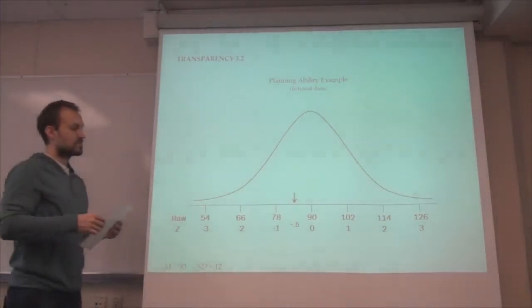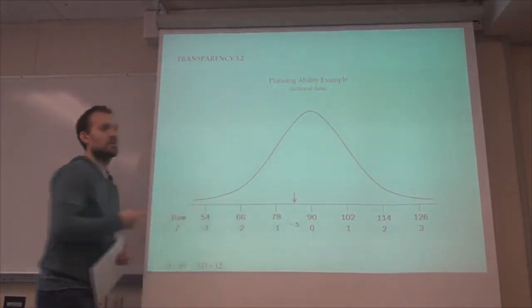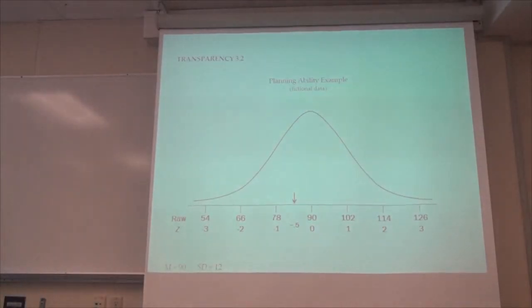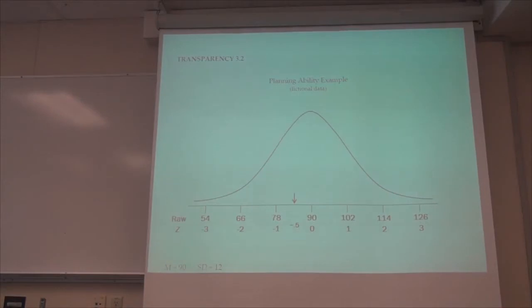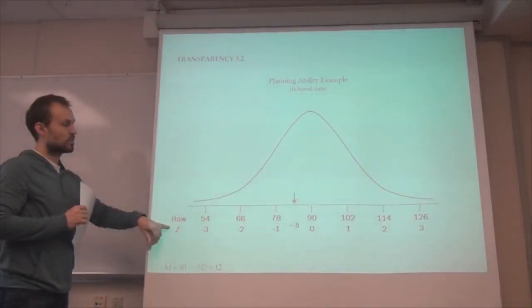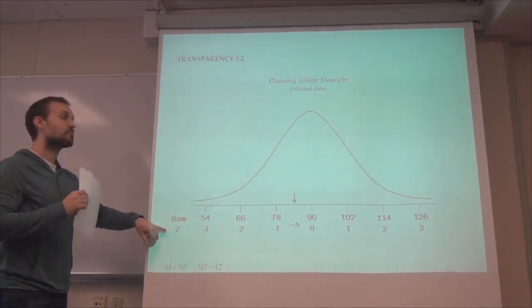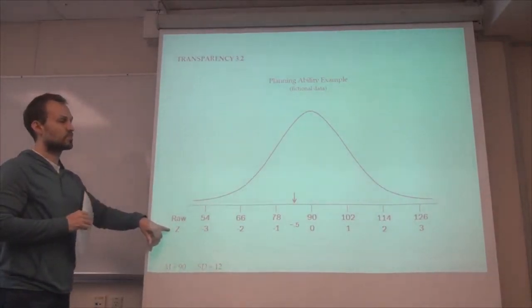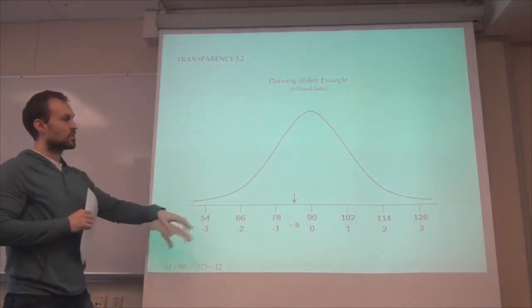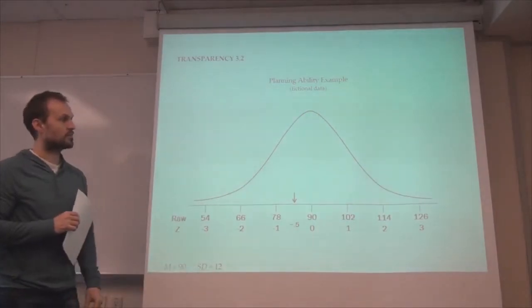The number of standard deviation steps, half a step to the left, or in the other example, 2 steps to the right, I am going to call the z-score. So with the z-score, I'm going to count the number of standard deviation steps away from the mean. So with this situation, I have a mean of 90, standard deviation of 12.